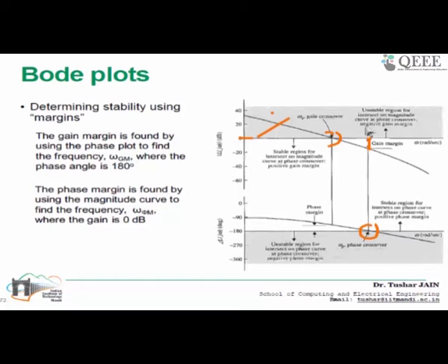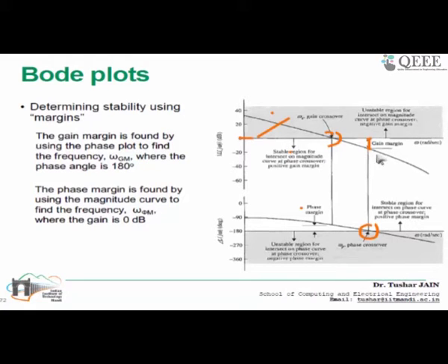Similarly, if your phase margin is in this region, then it is called an unstable system. Opposite to the instability, we have the stable region, similarly for this one.